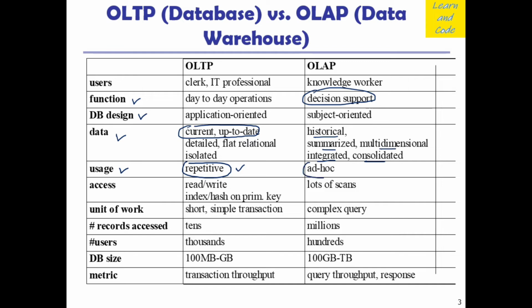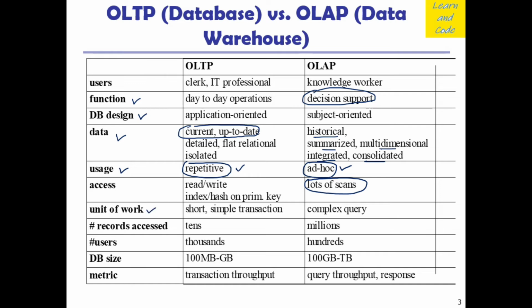The usage of a data warehouse is ad hoc, depending on the kind of requirement and the kind of decision making that we want to perform. If we talk about access, generally it is read-write operations on the database. But in a data warehouse, there are a lot of scans, and we get the required historical data.